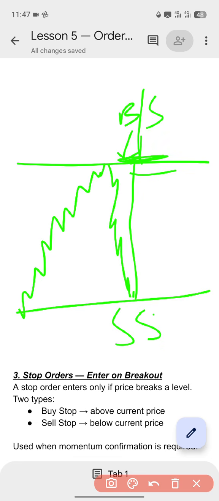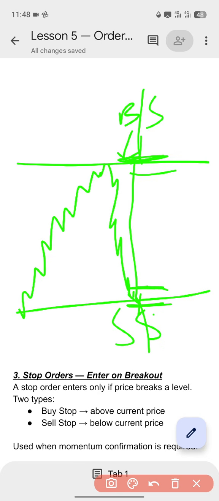Now, this is what the sell stop also means. If price breaks down, your sell stop at this level will be triggered, and your anticipation is that price will keep dropping lower, then your stop loss will be at this level.